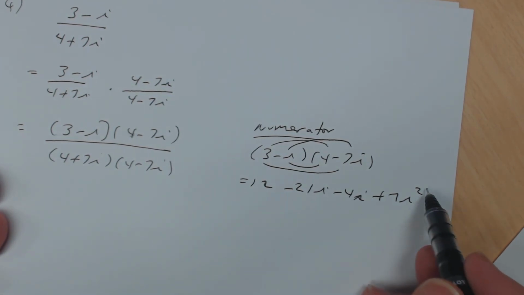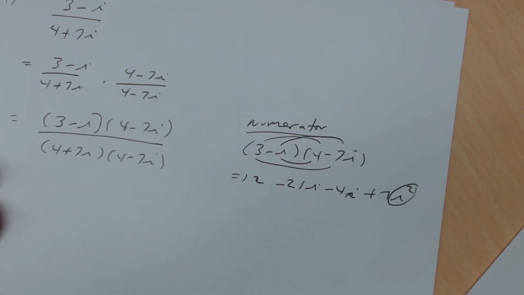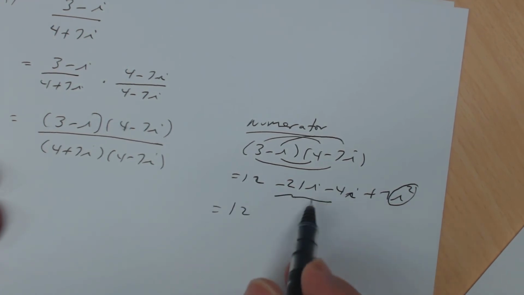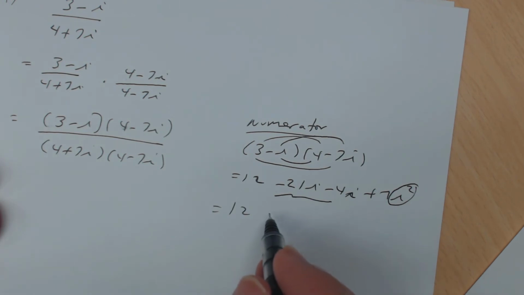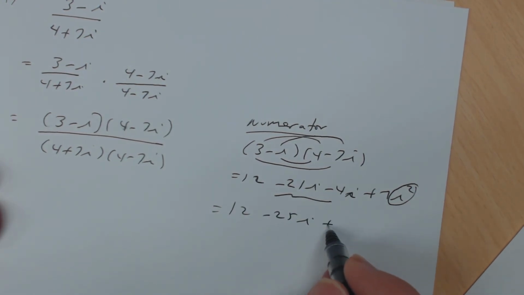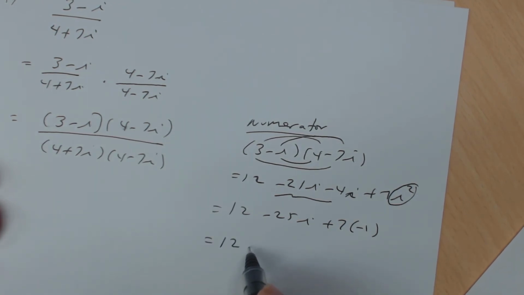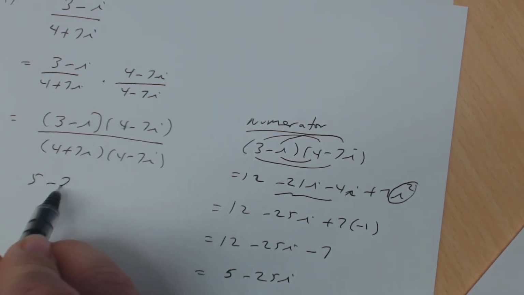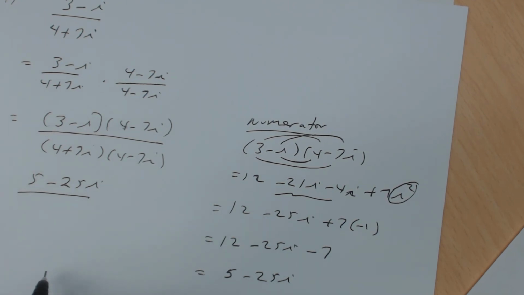Combining like terms and remembering that i squared is a negative 1, I get 12, a negative 21i and a negative 4i is a negative 25i, and then this becomes plus 7 times negative 1. And so I get 12 minus 25i minus 7. A positive 7 times a negative 1 is a negative 7. And so 12 and a negative 7 is 5. So I get 5 minus 25i. So that's the numerator, with the numerator in standard form.